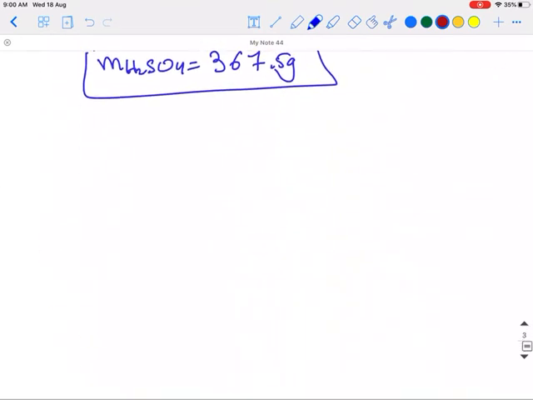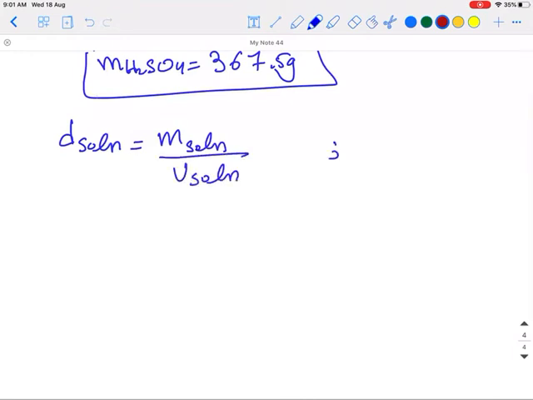Now I will also be able to find the mass of the solution from the density given. The density equals mass over volume. I already assumed the volume to be 1000 milliliters, so I have to use it all the way.